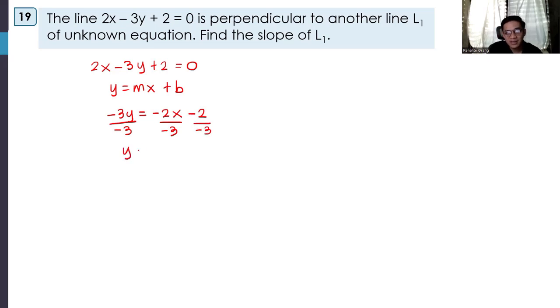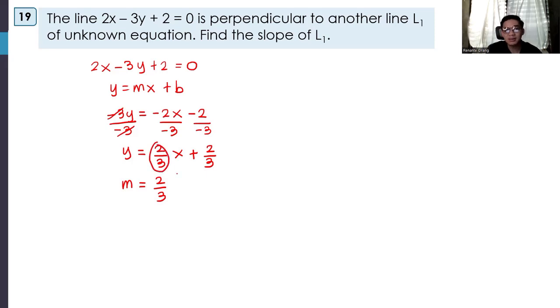Magiging y is equivalent to, kasi ito is cancel out. Negative times negative or negative divided by negative is positive. So, magiging 2/3 x. Tapos, negative divided by negative is positive 2/3. So, by inspection, yung ating slope dito is equivalent to 2/3.